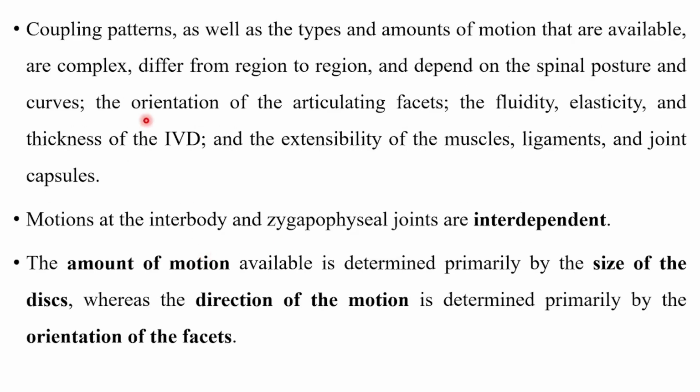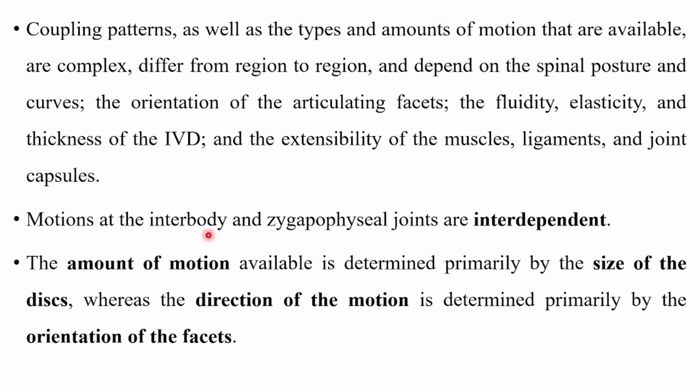Coupling patterns, as well as the types and amounts of motion available, are complex and differ from region to region. They depend upon the spinal posture, the curves, the orientation of the articulating facets, the fluidity, elasticity, and thickness of the intervertebral disc, and the extensibility of the muscles, ligaments, and joint capsules. All these factors are responsible for the coupling patterns.